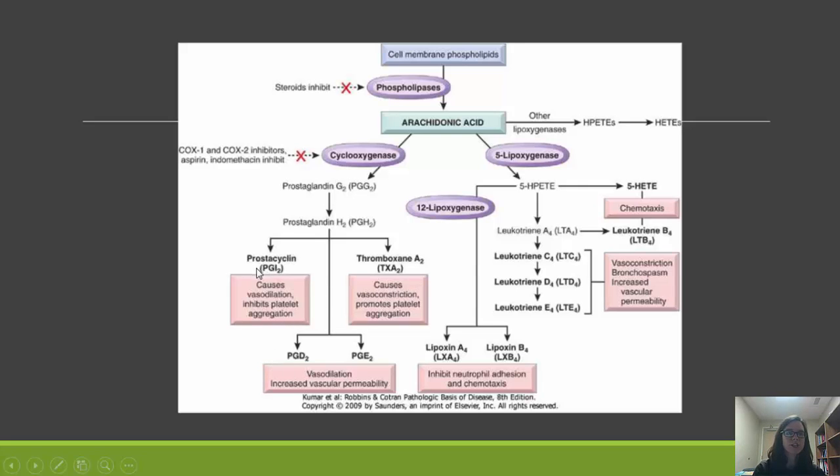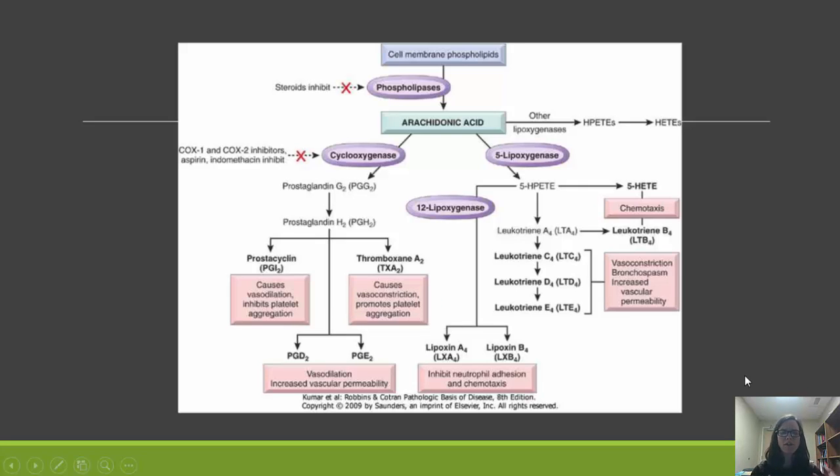Whereas the prostaglandin I series does cause vasodilation and inhibits platelet aggregation, the prostaglandins D and E also cause vasodilation, but also cause increased vascular permeability. And then we have our thromboxanes here, which cause vasoconstriction and promote platelet aggregation.